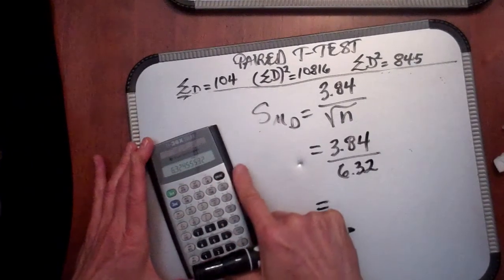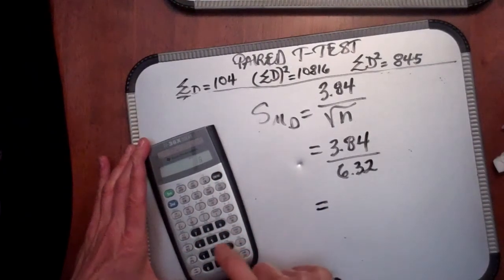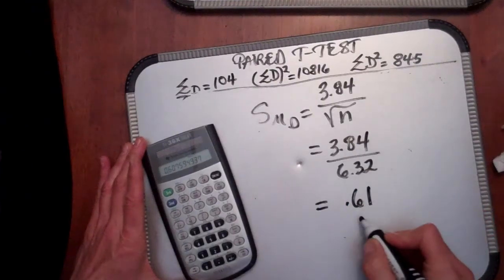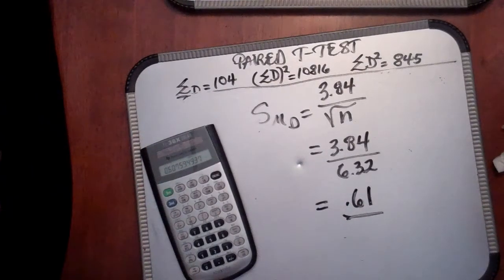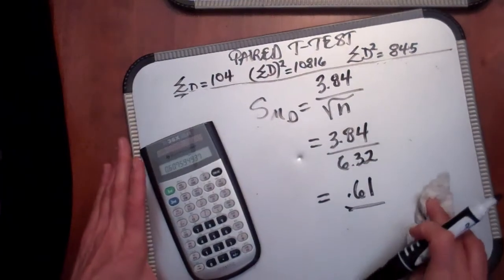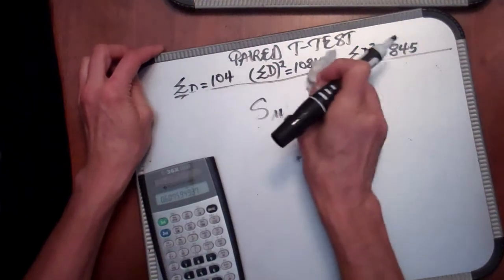Right. And then we want to do this, 3.84 divided by 6.32 equals 0.61. And once again, we're going to round to 2 decimal places. So our standard error of the mean difference is 0.61. So let's just write that up here.